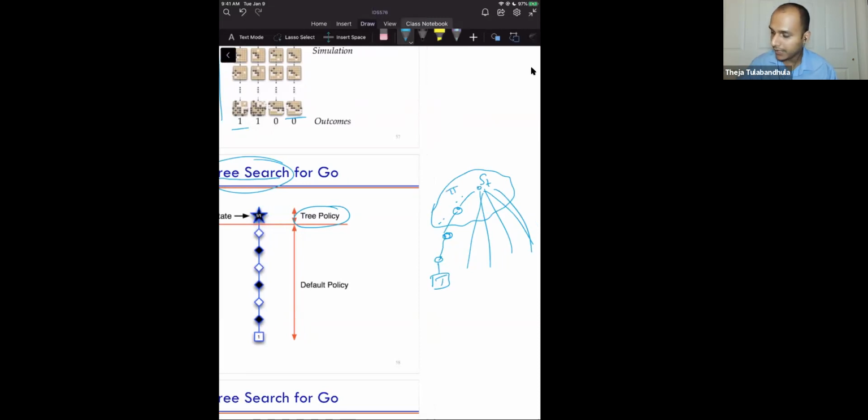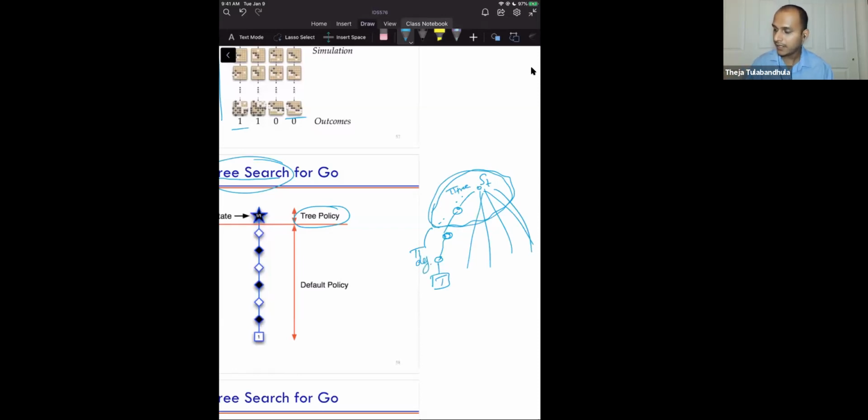Let's call it pi tree. It's called a tree policy. And outside that region, outside this boundary, I'm just going to use some default policy, just like the simulation policy that we were talking about when we looked at Monte Carlo search. So outside it's just some default. It could be that random policy, for example.